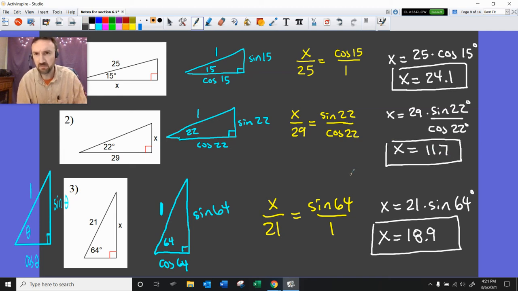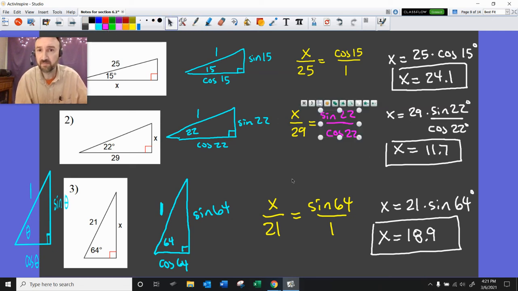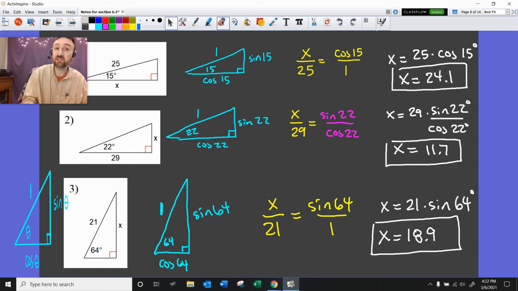Now, we have that third ratio, tangent. Tangent is defined to be the opposite side length divided by the adjacent side length in any right triangle. What I have written here in pink is tangent of 22 degrees. So you might see this set up sometimes where they rewrite this and say x over 29 is equal to tangent of 22.